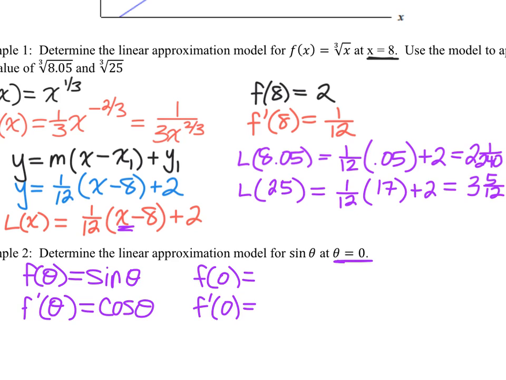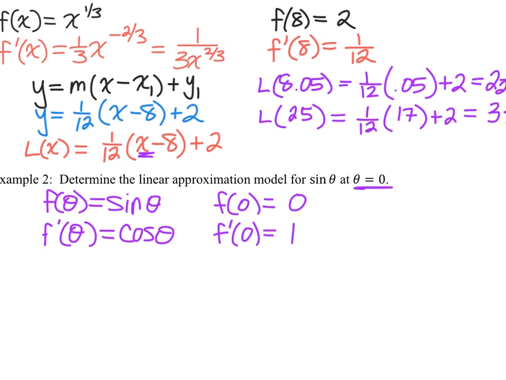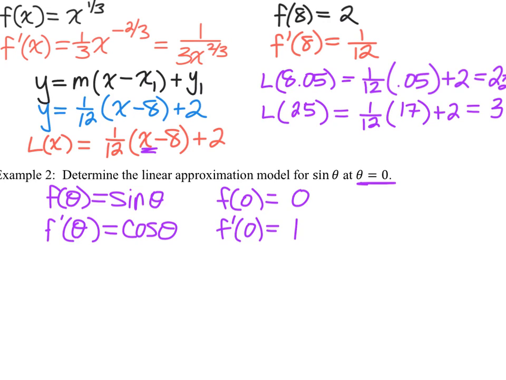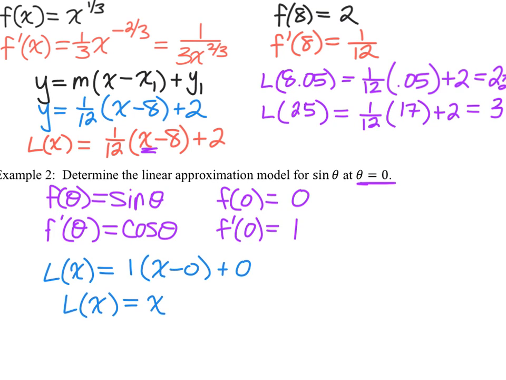Essentially just writing the tangent line equation. So it's the sine of 0, cosine of 0? Indeed. So we're looking at L of x. If I want to cut to the chase, I'm writing my tangent line equation, except instead of saying y equals, I'm writing L of x equals. I have my slope, which is 1, times x minus 0 plus 0. You wouldn't have to write this if you realize that it's just L of x equals x.